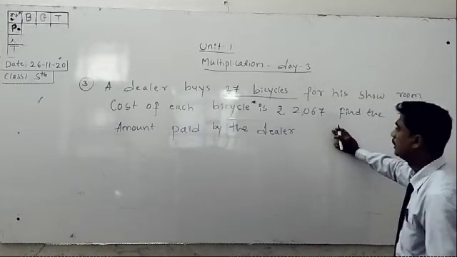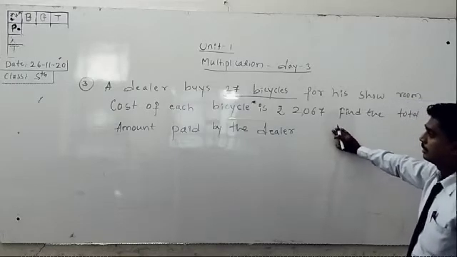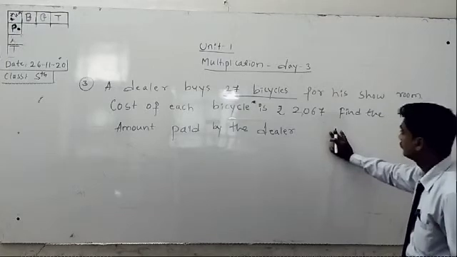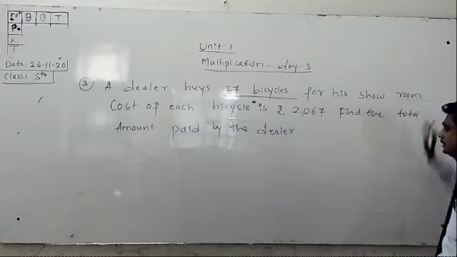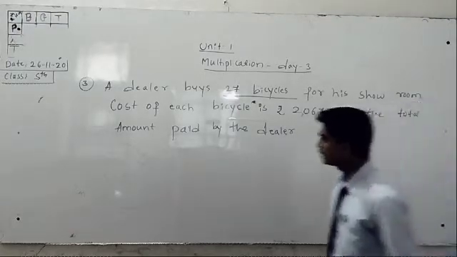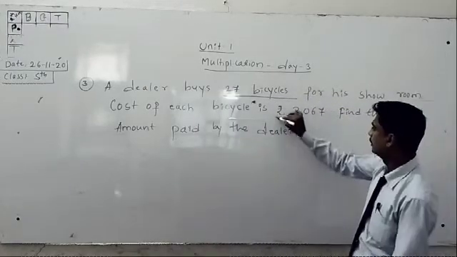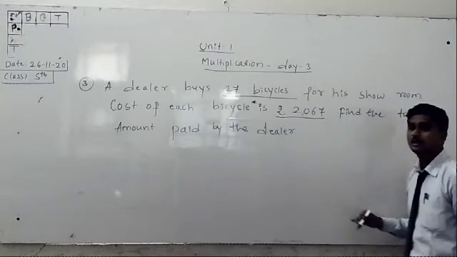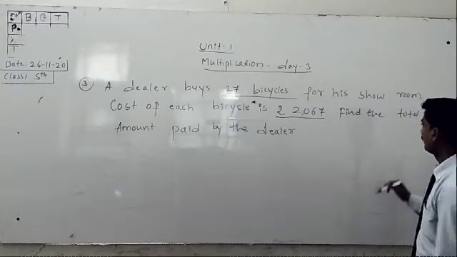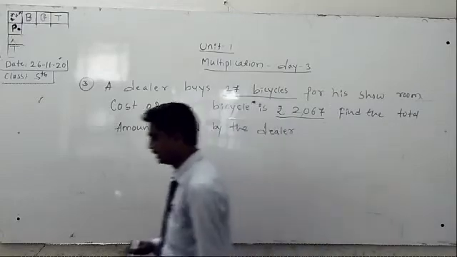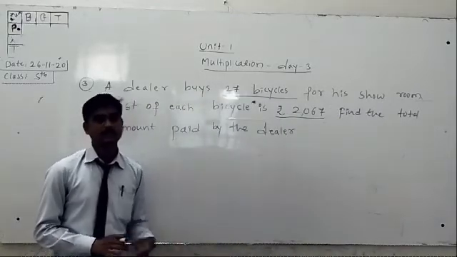He has a bicycle showroom. Because of the Deepavali season, he buys 27 bicycles for his showroom. Cost of each bicycle, one bicycle cost is rupees 2067. Find the total amount paid by the dealer. How much amount is paid by the dealer?